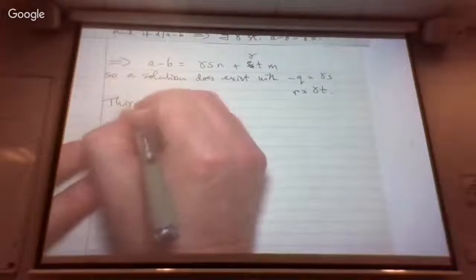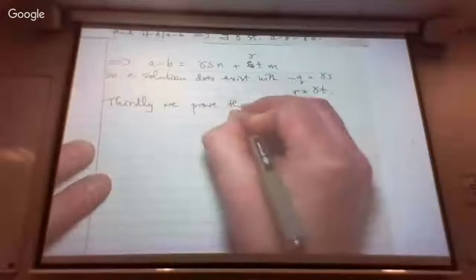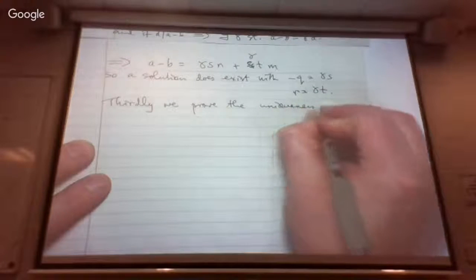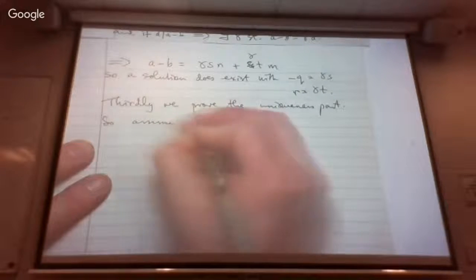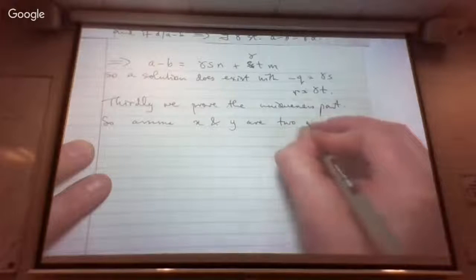Thirdly, we prove the uniqueness part. So we should assume X and Y are two simultaneous solutions.